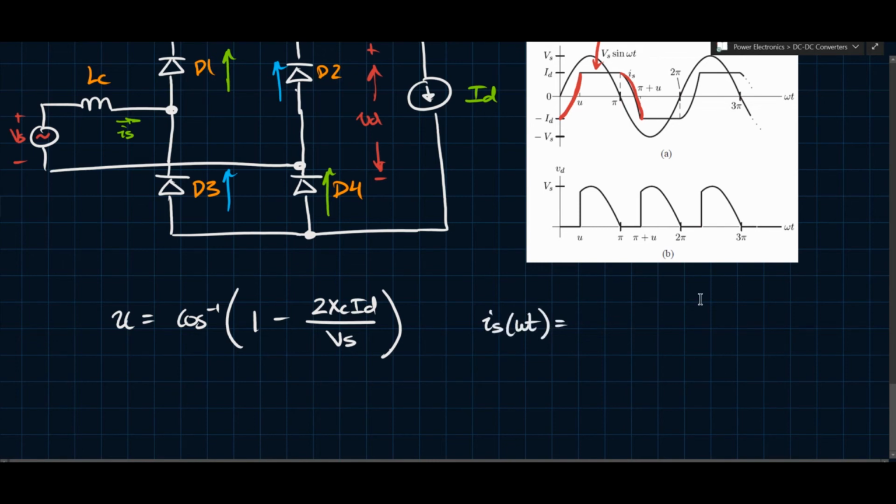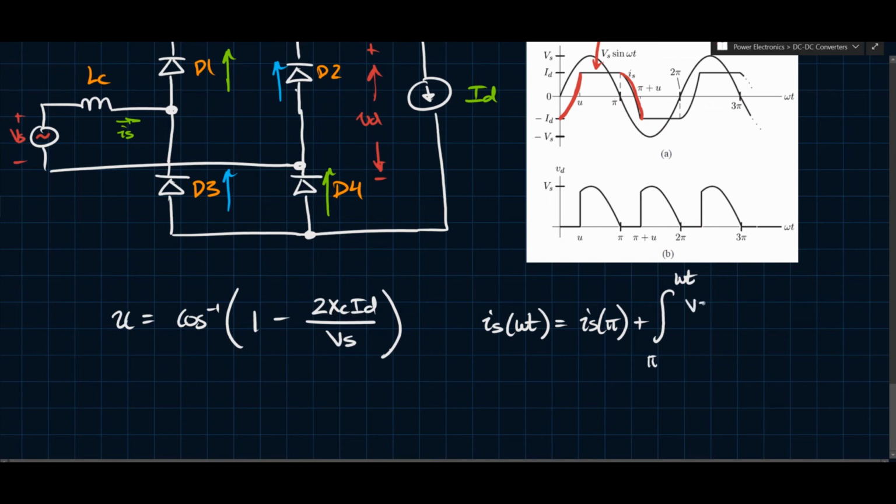Let's take this time here. At this time, pi, we know there's some current, so Is of pi, plus, what's the voltage applied to the inductor? The voltage applied to the inductor is Vs sine omega t. So we're going to integrate this between pi and some generic time omega t, so we can get a function for what that thing is.